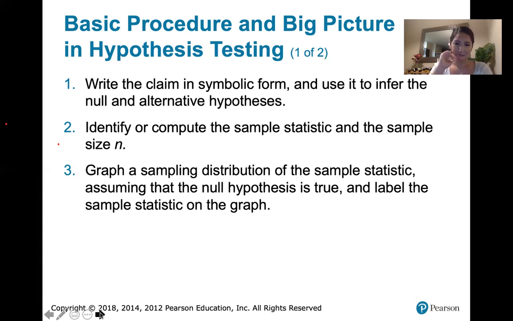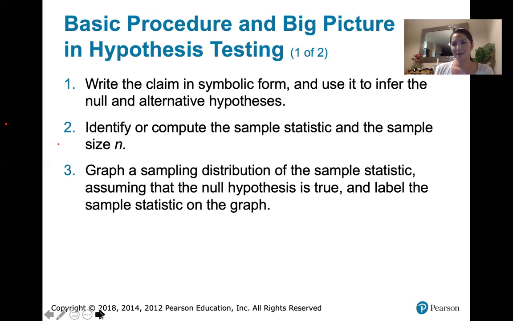Then we're saying, okay, given that that's the mean of the sampling distribution, where is the sample statistic on this graph? Is it extremely high, or is it extremely low? Is it significantly high or significantly low? That's the question. If it is, we're going to say, wow, that's pretty improbable. It's happening, but according to this assumption, that's very improbable.